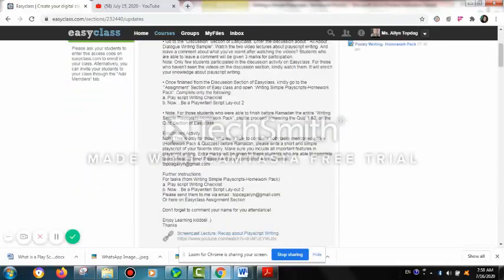Now another note here. This is the enrichment activity note. This is only for those who were able to complete both tasks mentioned above, the homework pack and the quizzes, before Ramadan. For those students who were able to finish both tasks, they need to write a short and simple Playscript of their favorite story. They have to make sure that they included all important features in Playscript writing.